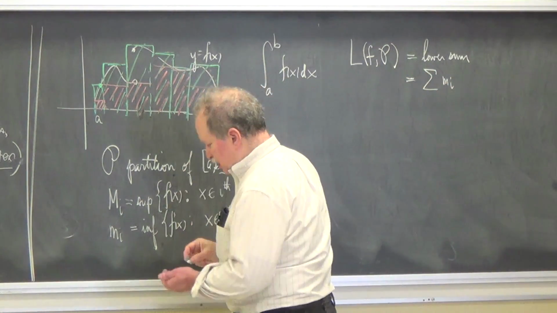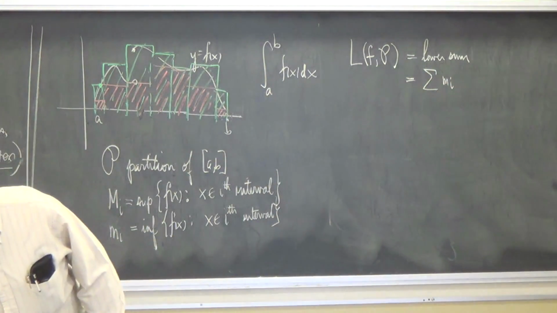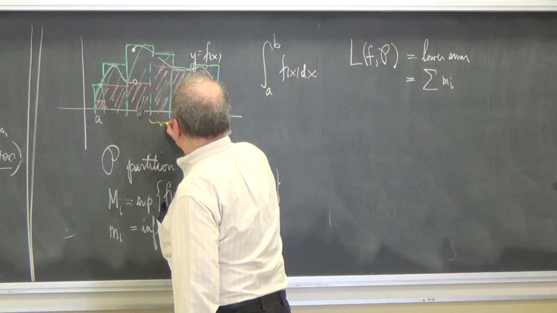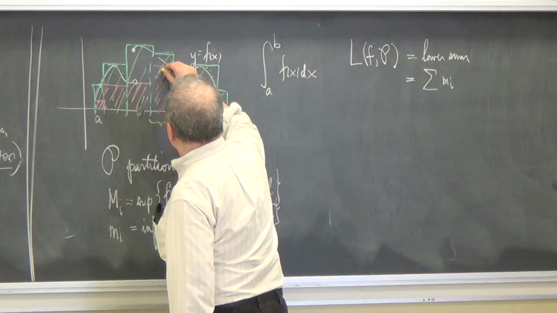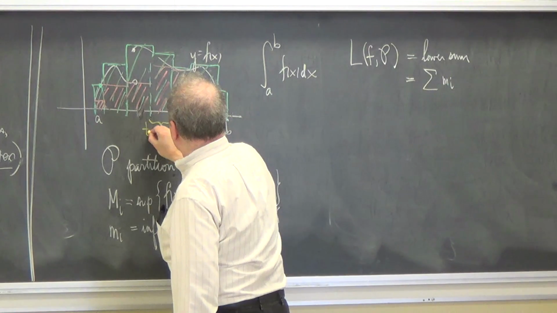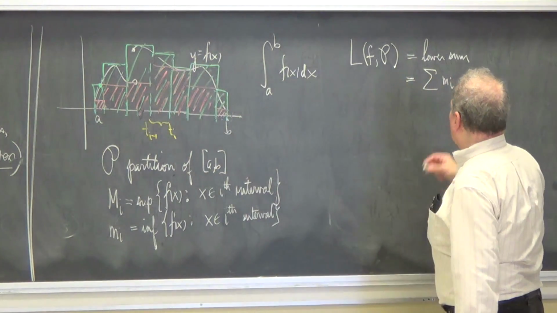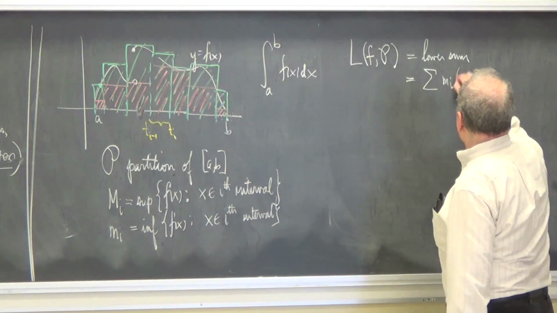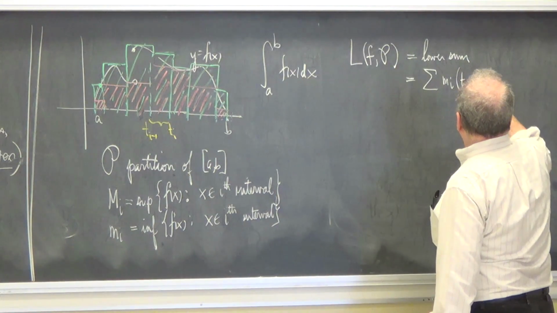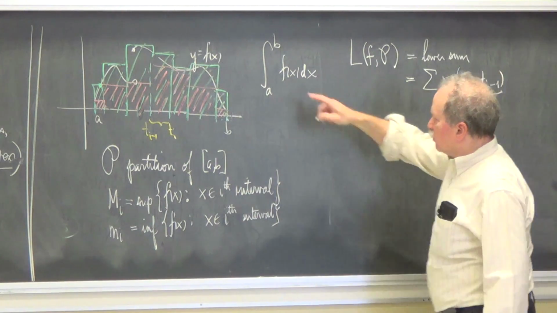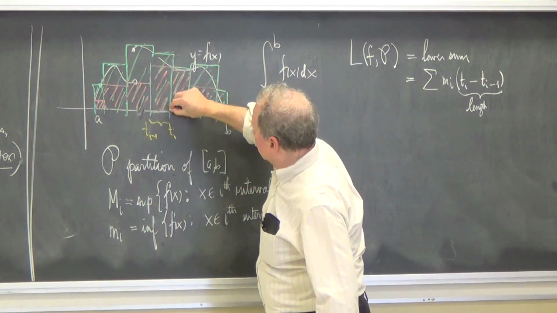So on the ith piece here, for example, this is the ith piece, you would go from t_{i-1} to t_i, but I'm not going to make a big deal out of that. That would be the length of the interval times the height of the rectangle, so that's the area of the rectangle.